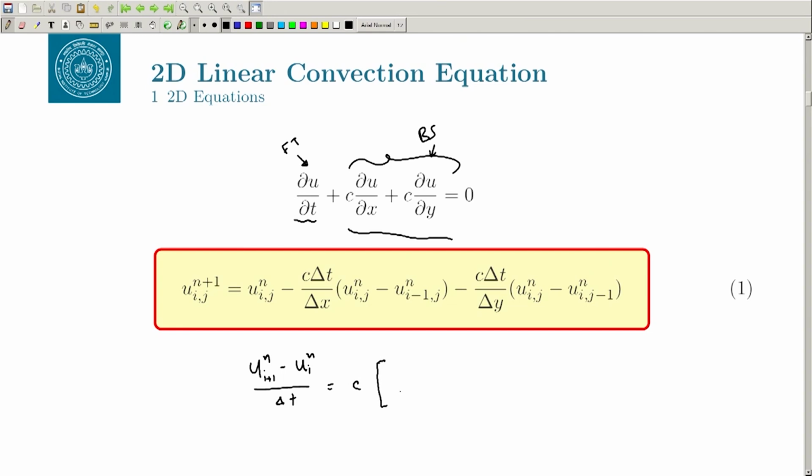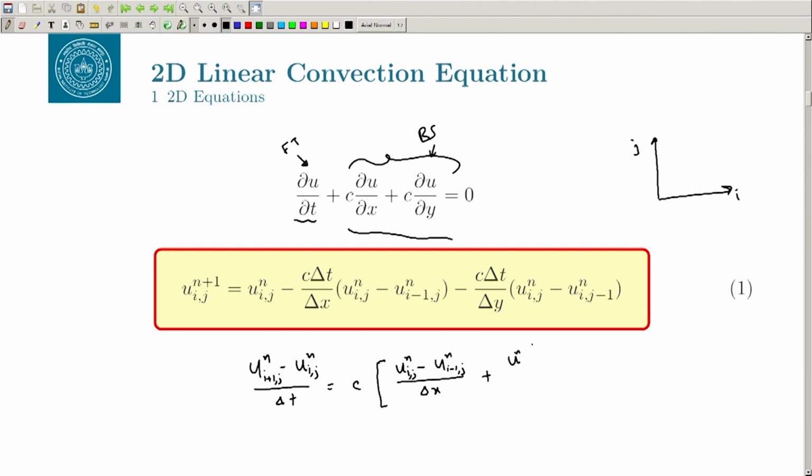But if you have u and v as variables, then you will need two equations, right. So, here I am going to use the backward differencing, and I will use two indices, u i j, because now my grid is in both the i direction and the j direction.